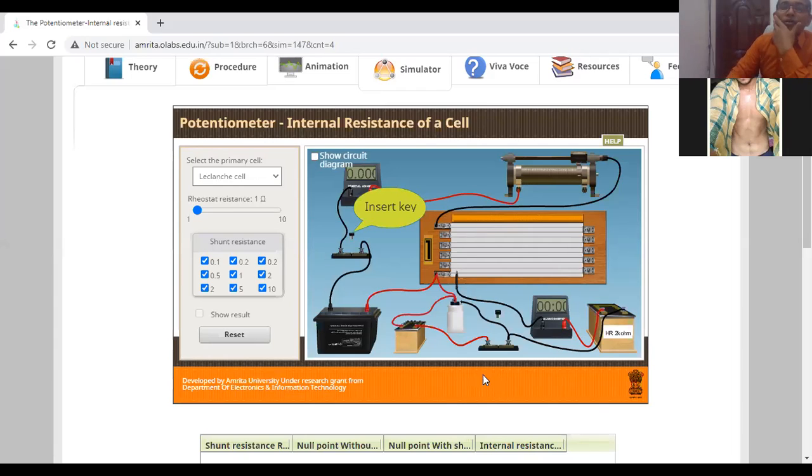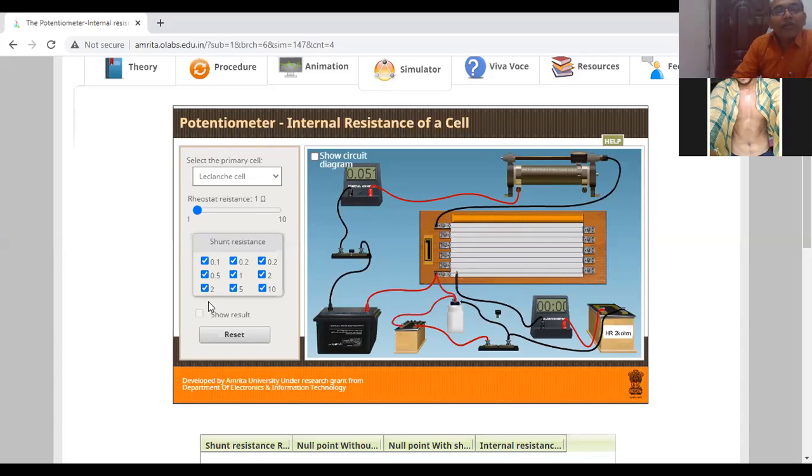So first of all, we have to check, without inserting this key, just press this key and then check the reading. Yes, connection is right. Here the ammeter gives a reading. So now you take out the balancing length without inserting this circuit.